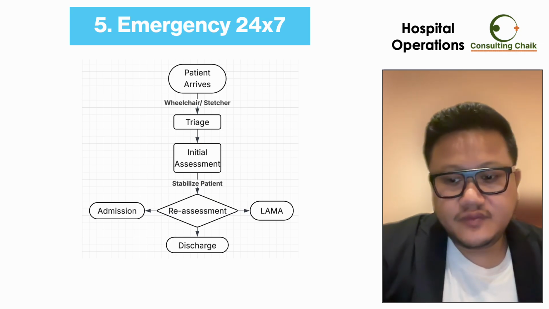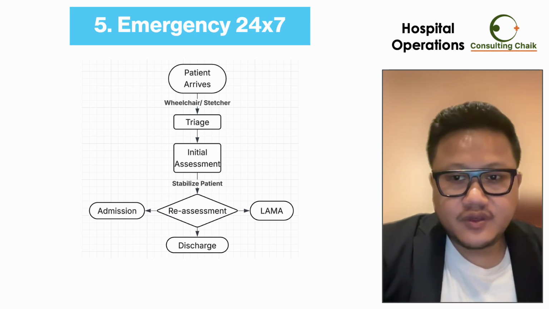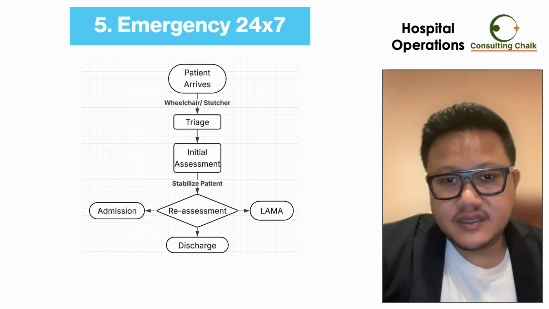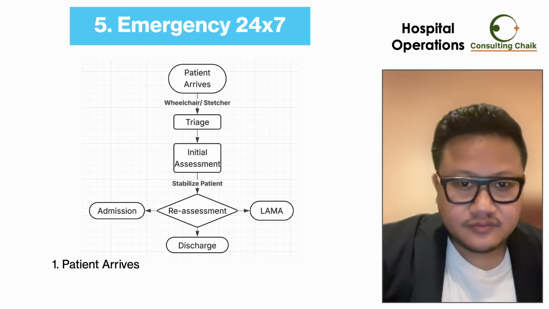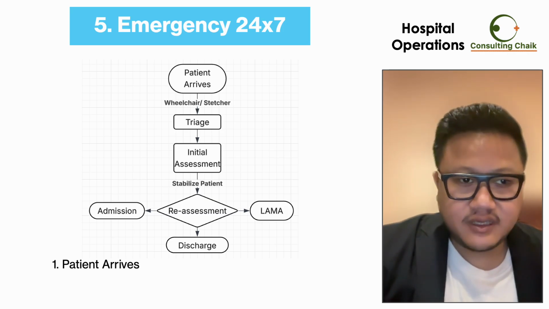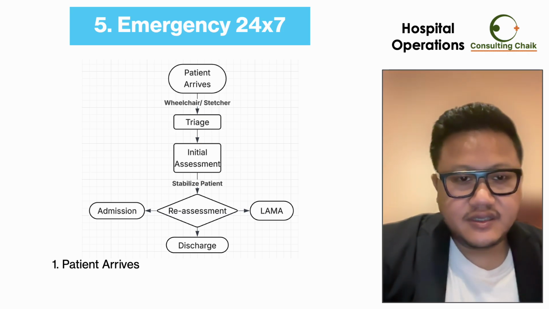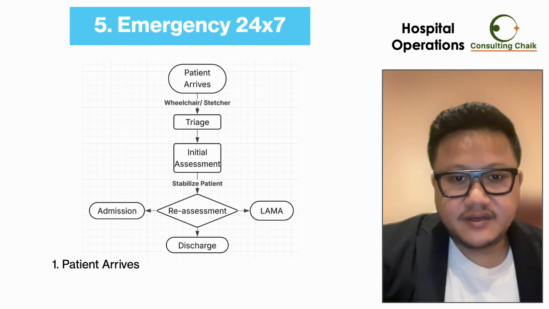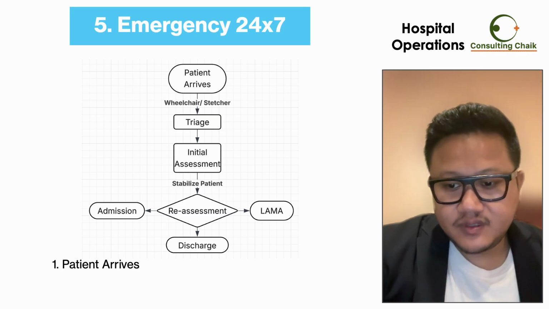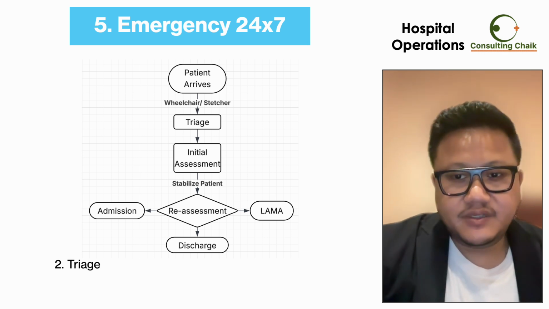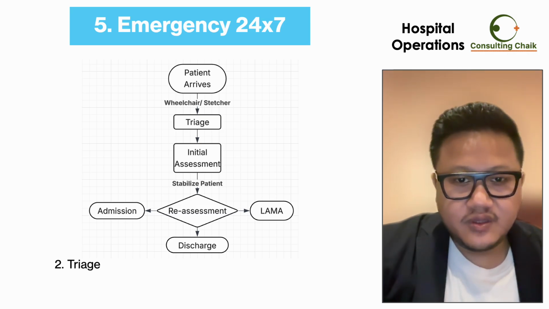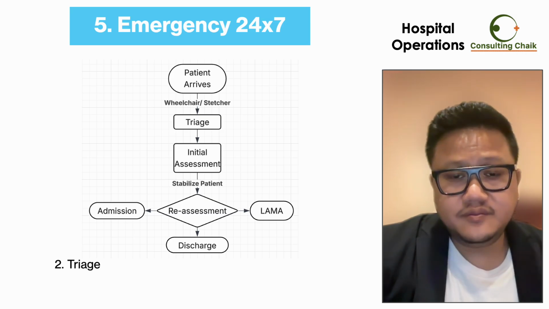Process of emergency: on the left side of the screen you can see, when the patient arrives, you take out the patient and shift the patient to a wheelchair or a stretcher as per the condition of the patient, and then you fasten the seat belt. Then triage. According to the condition of the patient, a patient is allocated to a certain bed, whether it is very critical, the red one, the yellow one, or the green one.